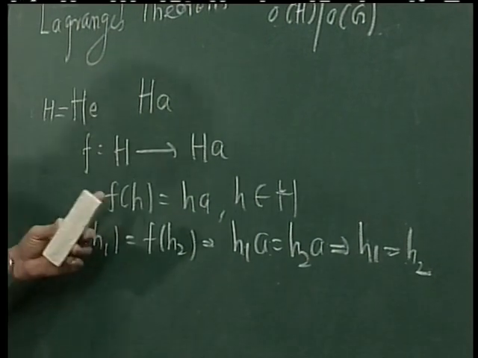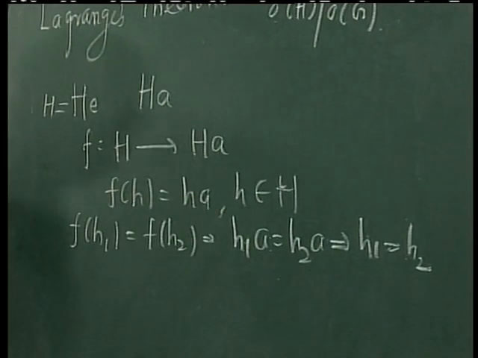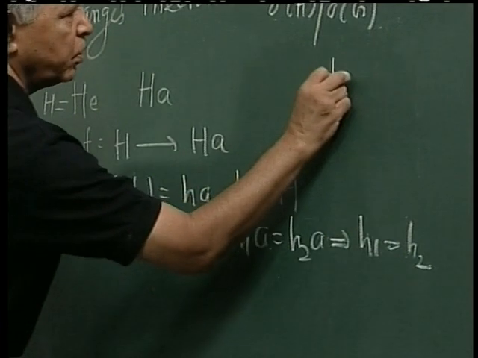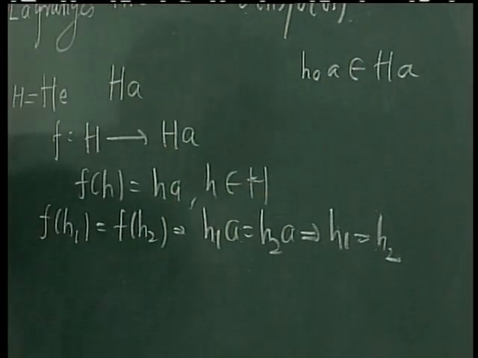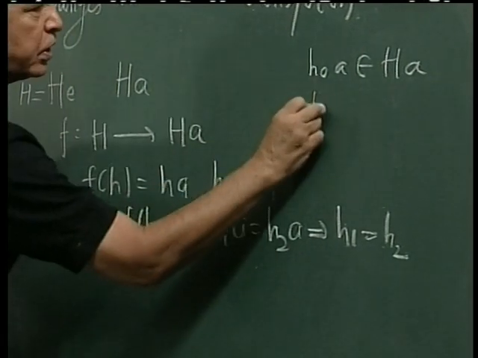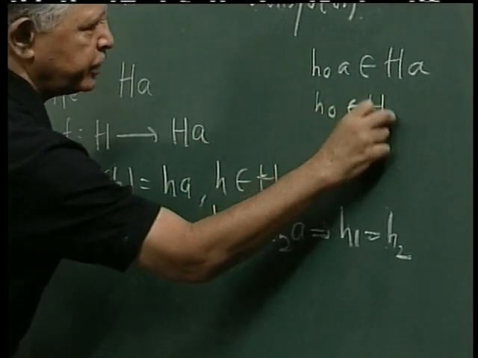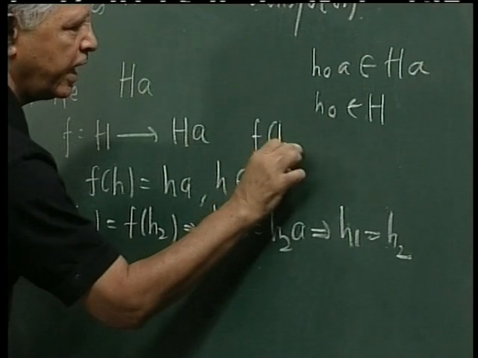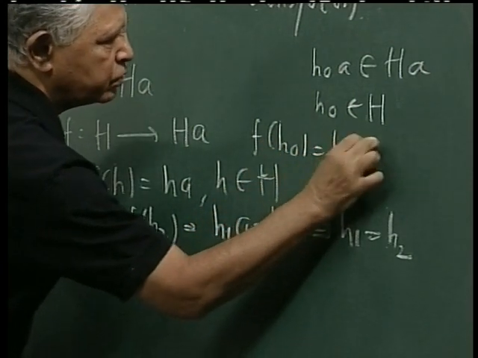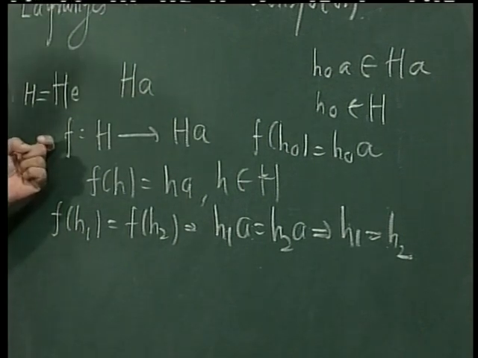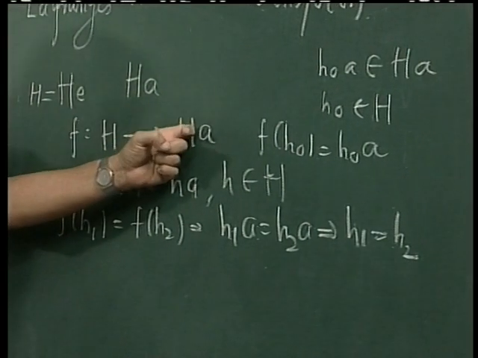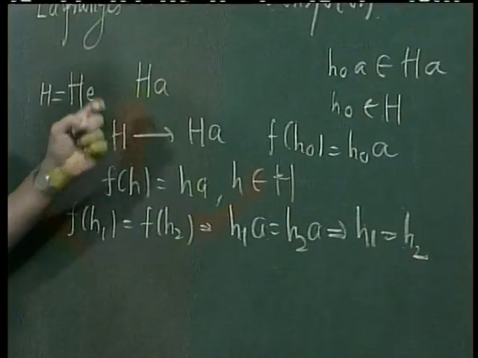Now we prove that this mapping is onto also. Let h0a be any element belonging to HA. Then this h0 belongs to H, and what we get is f(h0) is equal to h0a. So it is onto also. So f is a map from H to the right coset HA, it is 1-1 and onto.